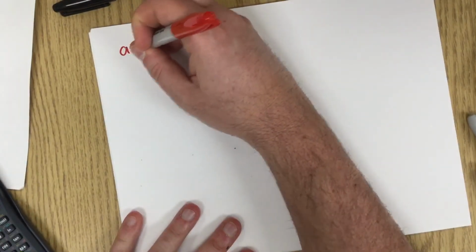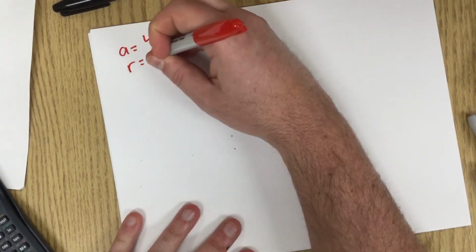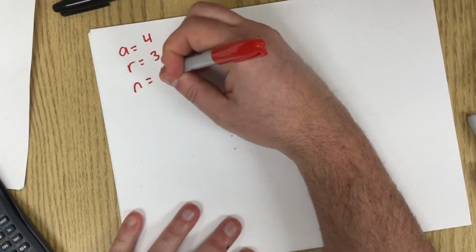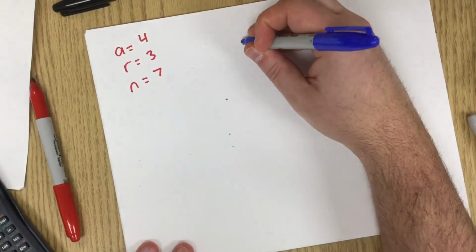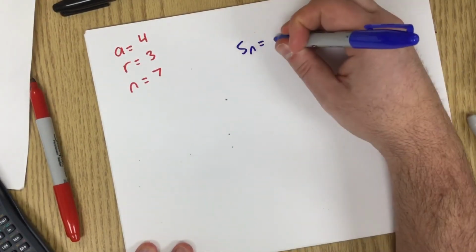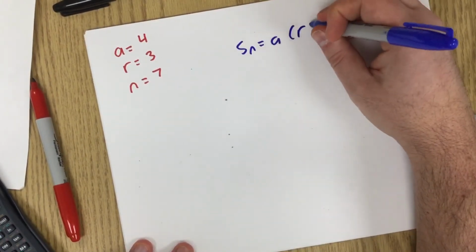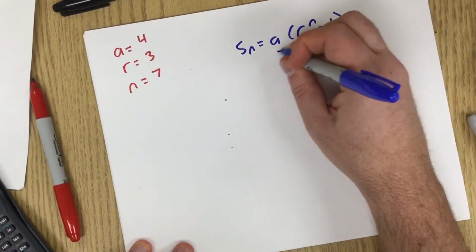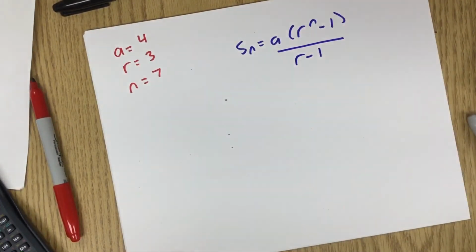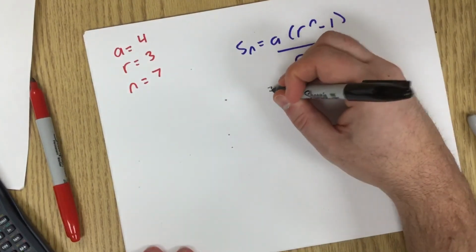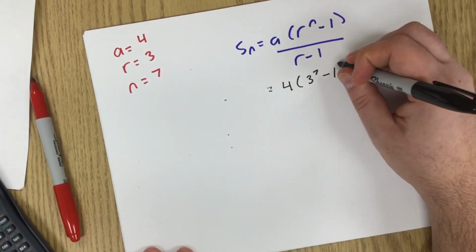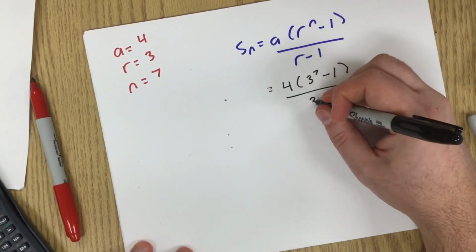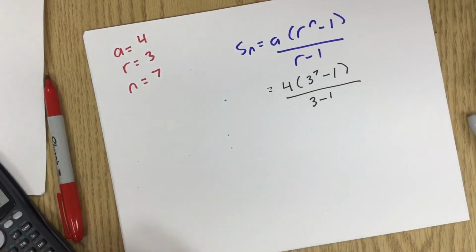So now that we know n equals 7, as a reminder, a equals 4, r equals 3, n equals 7. And the sum is going to be a(r^n - 1) over r - 1, which is going to be 4 times 3 to the 7 minus 1 over 3 minus 1.